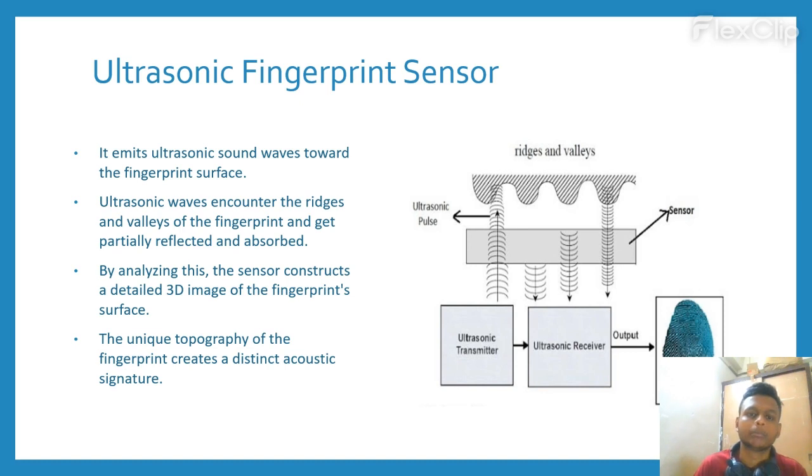By analyzing the reflection and absorption, the sensor constructs a detailed three-dimensional image of the fingerprint surface. This image contains information about the fingerprint's ridges, valleys, and other features. This unique topography of fingerprints creates a distinct acoustic signature which is best for authentication purposes.